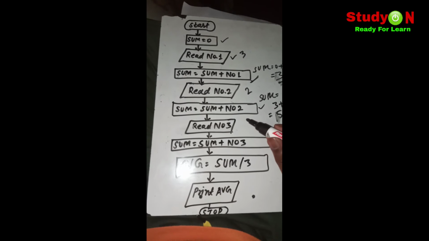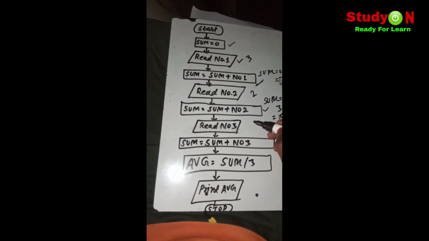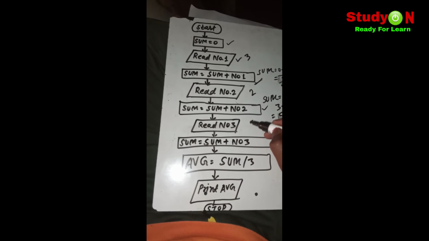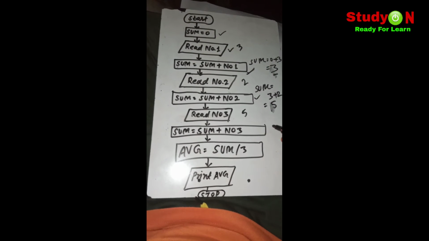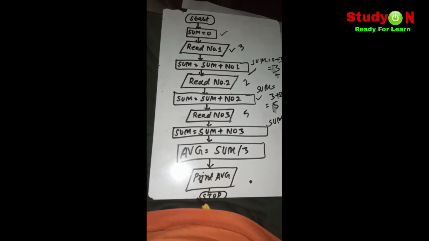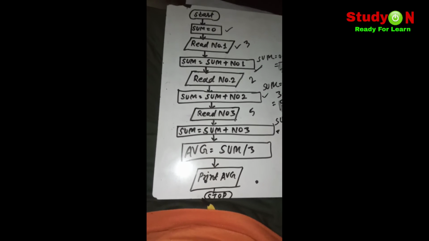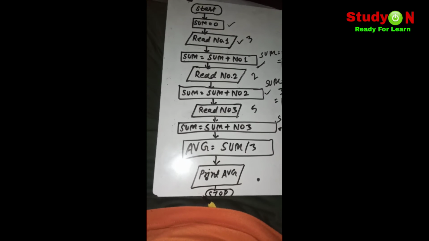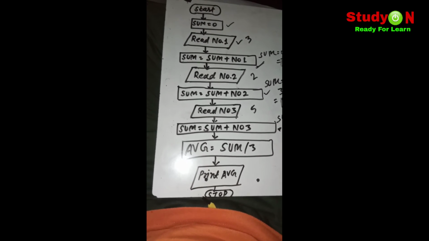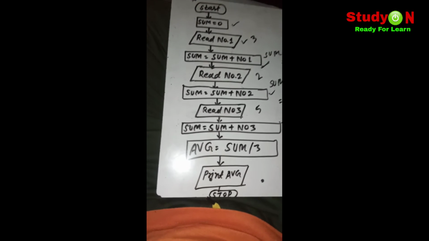Then we read number 3. I am taking 5 as number 3 as input and calculate the sum. Sum equal to sum plus number 3. Our sum is 5 plus 5 equal to 10.